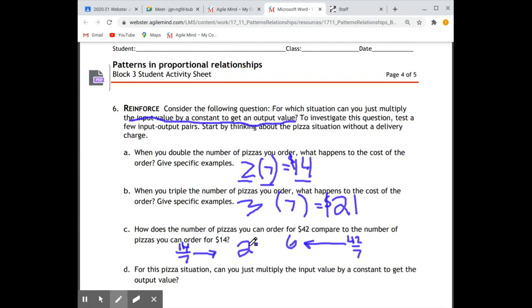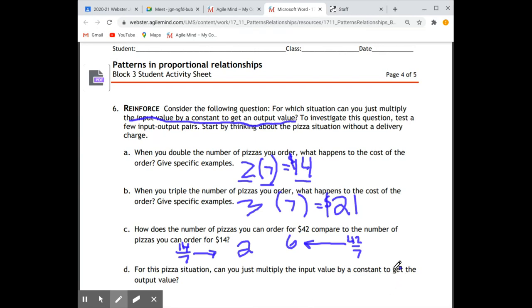So how does 6 compare to 2? That's not what I'm asking. Like, if we have $42, how many more pizzas can we buy than if we had $14? 4 more. Great job, Jacaden. How do you know you can buy 4 more?